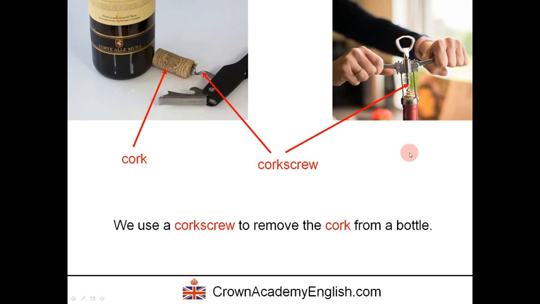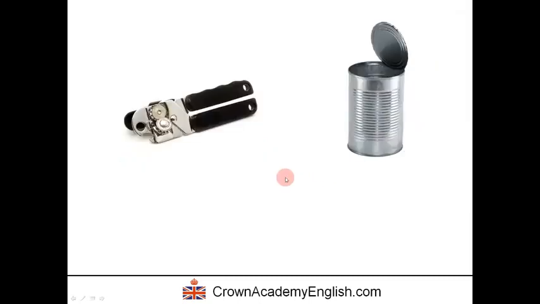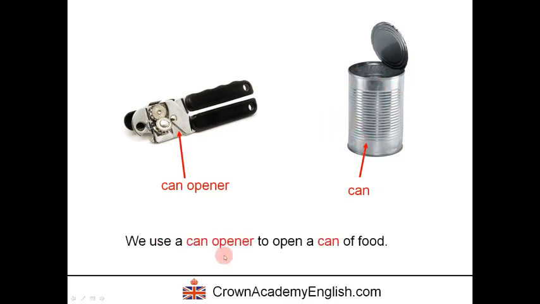This is a slightly different one, but it's the same name. It's a corkscrew. This is called a can opener. A can opener. And this is the can. So we use a can opener to open a can of food. Okay?